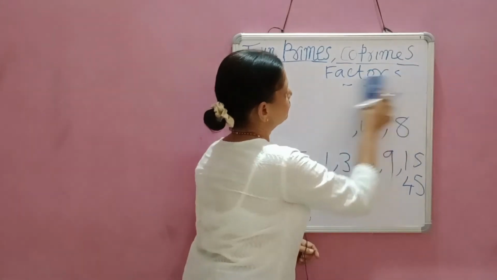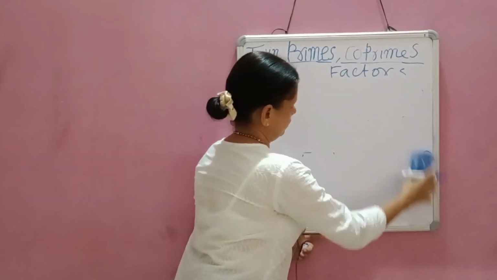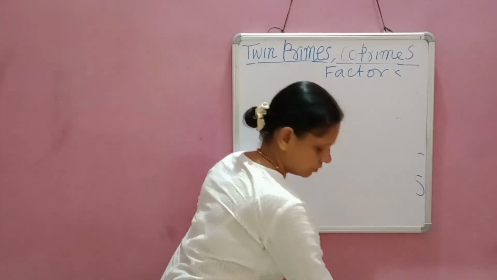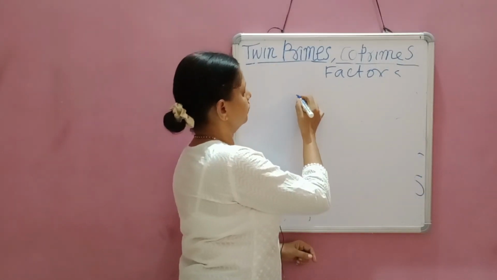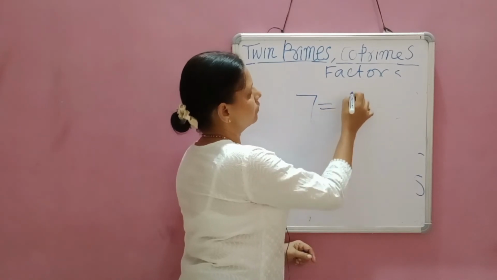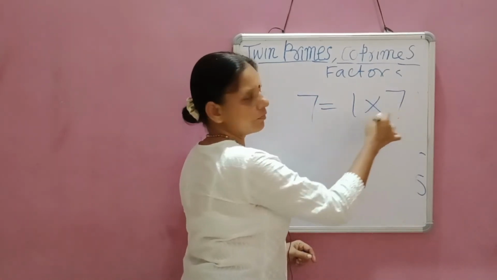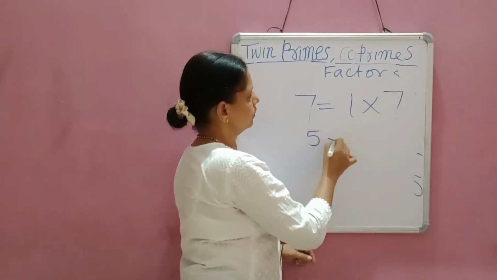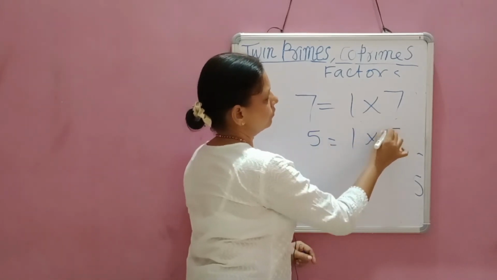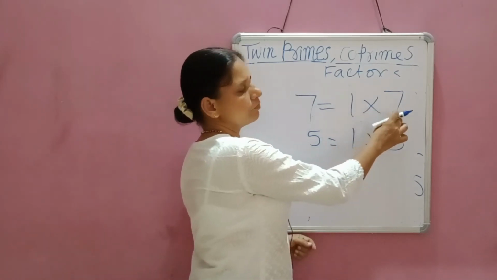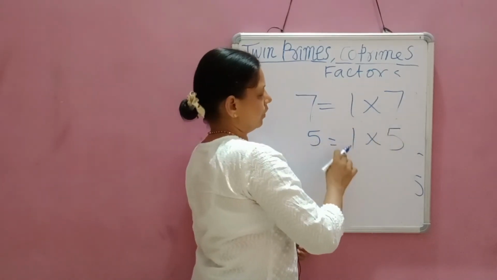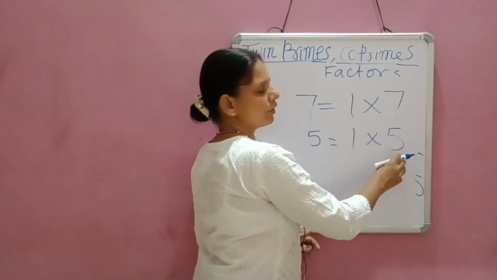How is it? Any number we can write as 7 is equal to 1 into 7, 5 is equal to 1 into 5. 1 and 7 are the factors. 1 and 5 are the factors.